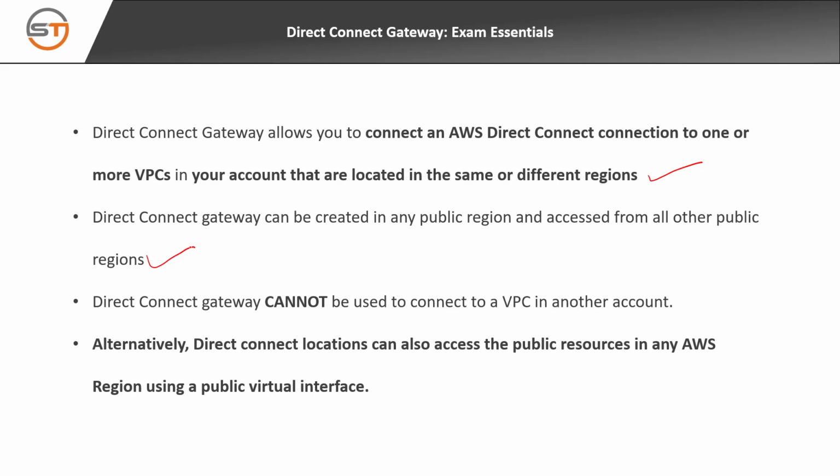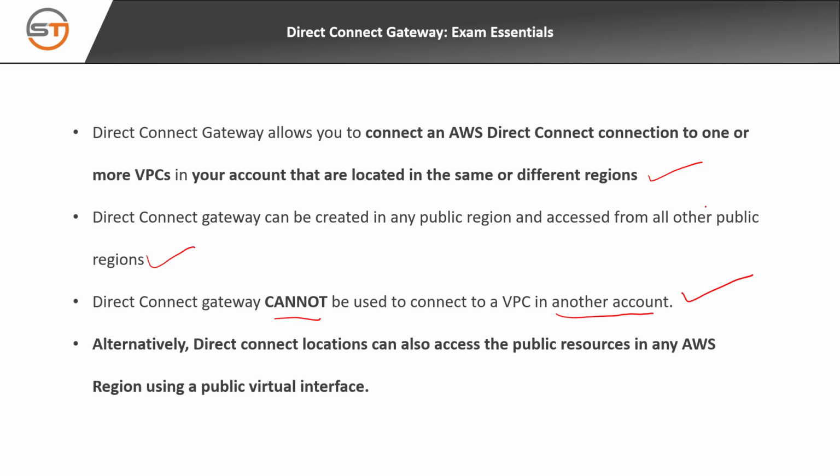Direct Connect Gateway cannot be used to connect to a VPC in another account. So you cannot use Direct Connect Gateway to connect VPCs in two different accounts. All the VPCs should be in the same account, but they can be in different regions.